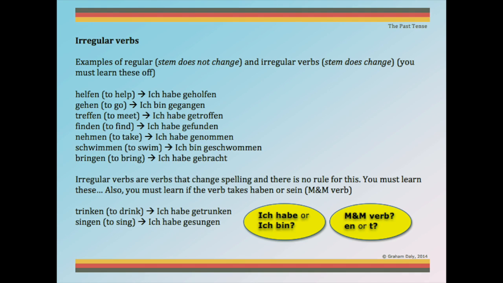The next verb, gehen, to go. It's a verb of motion. It's an M&M verb. It changes to ich bin gegangen. Gegangen. So again, totally different spelling. The next one is treffen, to meet.